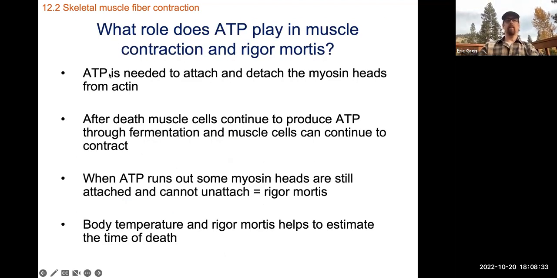All right, the energy for that process is provided by ATP, okay? Just kind of an interesting side note, after a person passes away, same thing happens in an animal, right? The cells in those tissues continue to live for a certain amount of time.